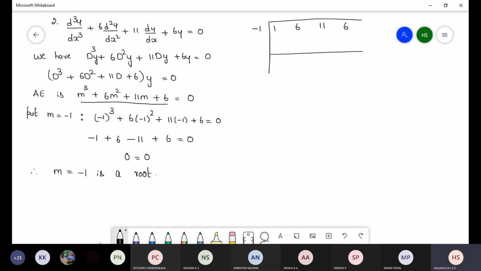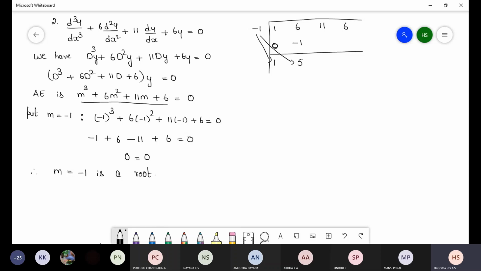Now while doing the synthetic division, the first term below should always be 0. The starting term should always be 0. So 1 plus 0 is 1. Next we multiply -1 into 1 is -1. 6 minus 1 is 5.